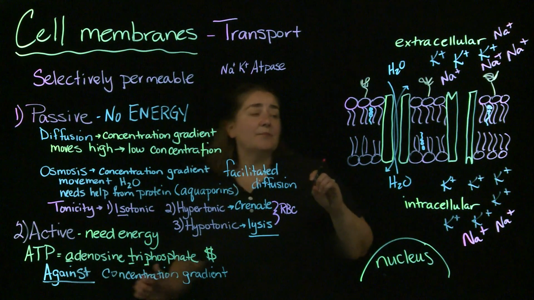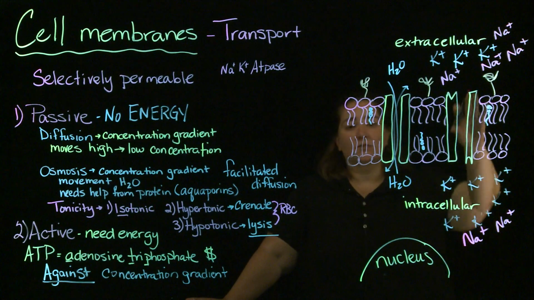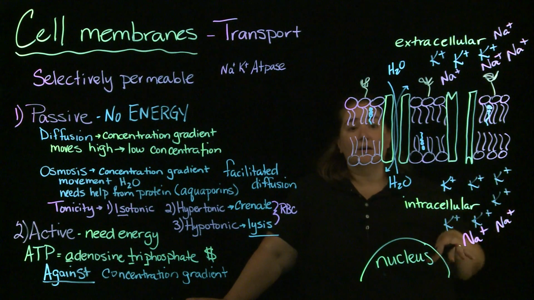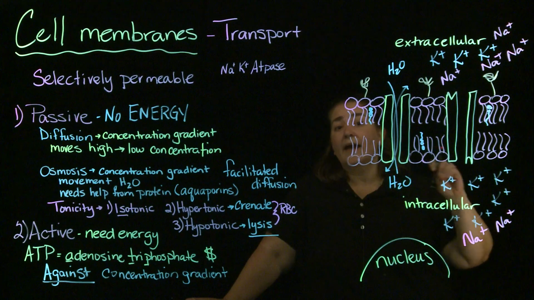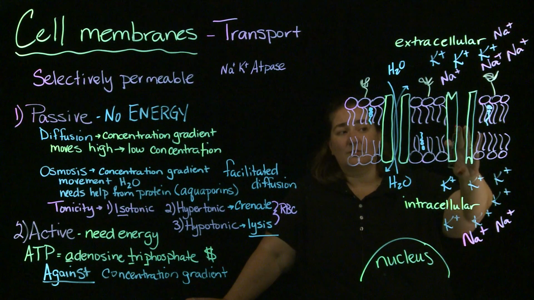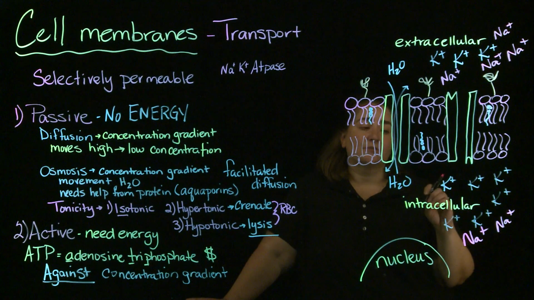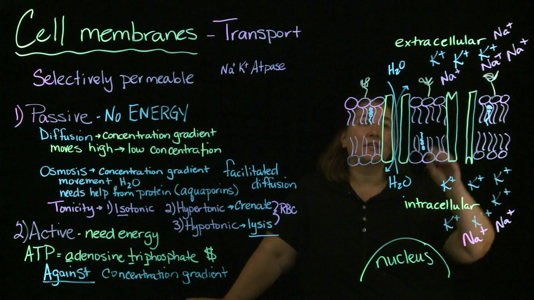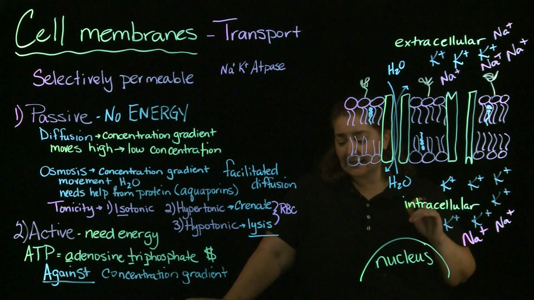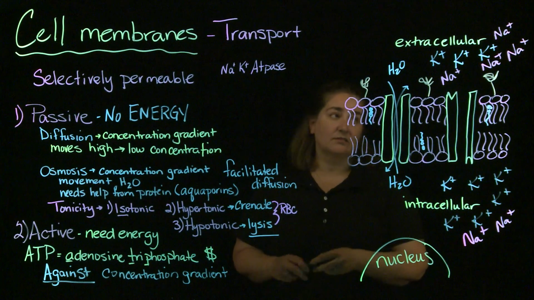But what ends up happening in this case is we want to set up a more severe gradient in order for action potentials in the case of the sodium potassium ATPase and nervous system to function. So what that means is we're going to move things against their concentration gradient.